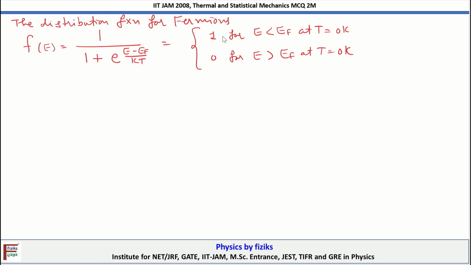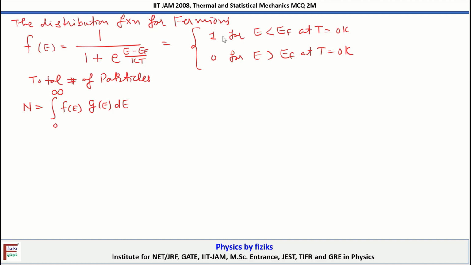So the total number of particles in the system is given by N. We note that N is equal to the integral from 0 to infinity of the probability distribution function, which gives the probability, multiplied by the density of states. That will give you the occupancy, basically the total number of particles.